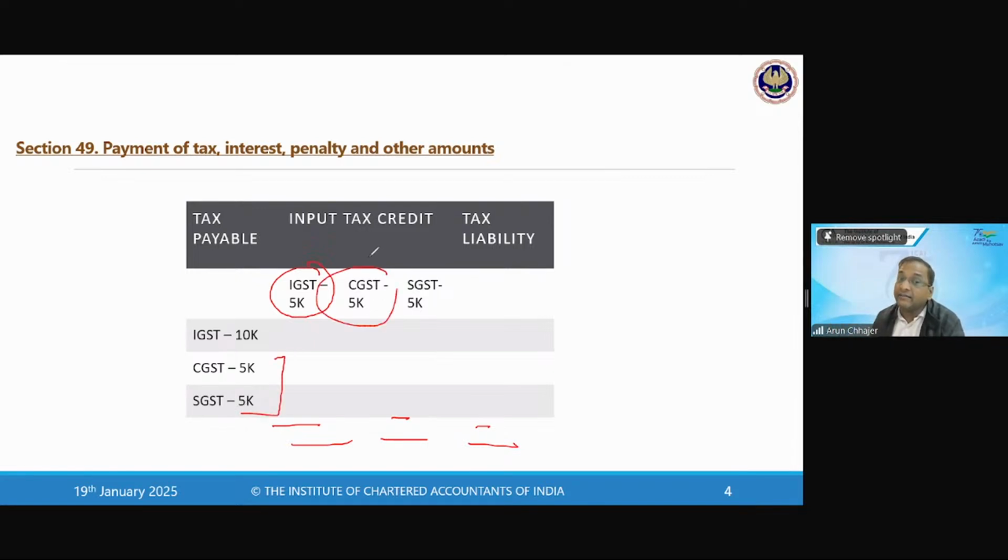C का रूल क्या है? It will give only to I. Can C give to S? Answer is no. C and S will never give to each other.